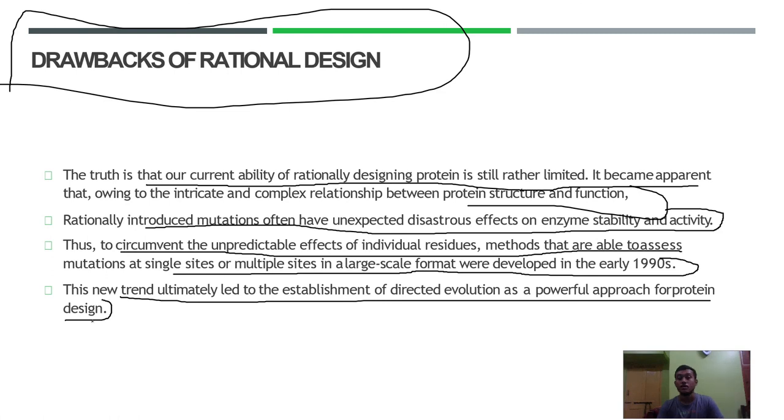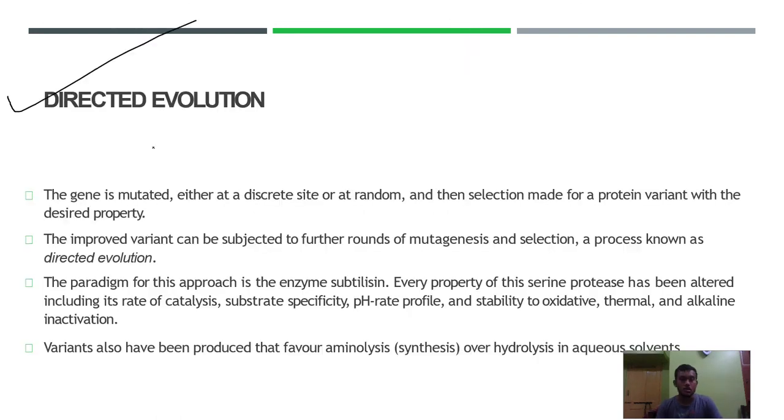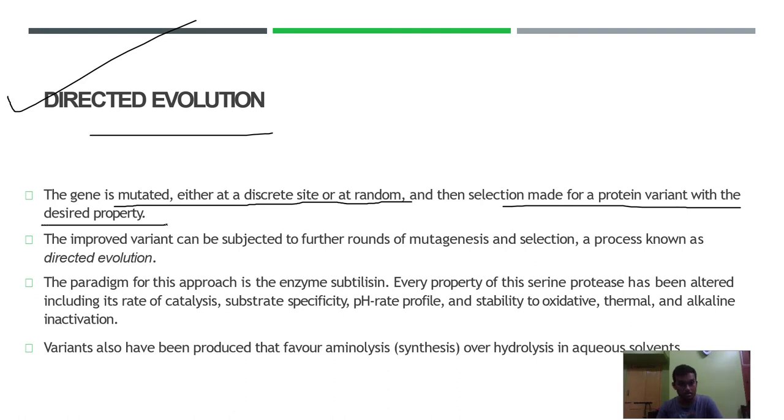So it led to another method of protein engineering, which is directed evolution. In directed evolution, the gene is mutated either at a discrete site or at random, and then selection is made for protein variants with the desired property. The improved variant can be subjected to further rounds of mutagenesis and selection, known as directed evolution.